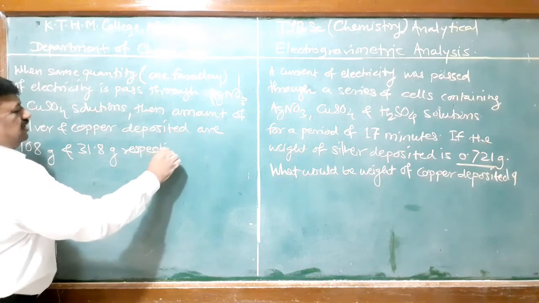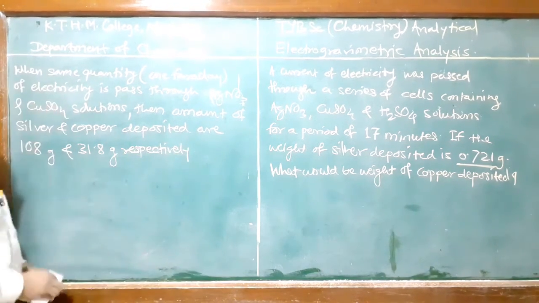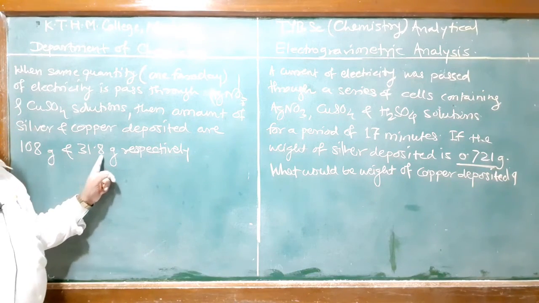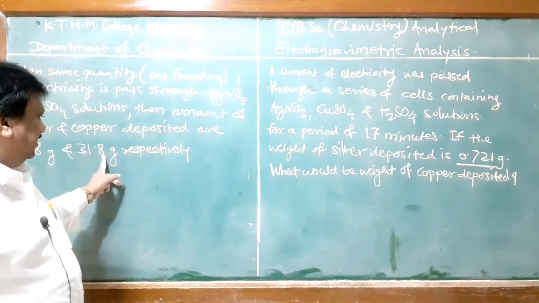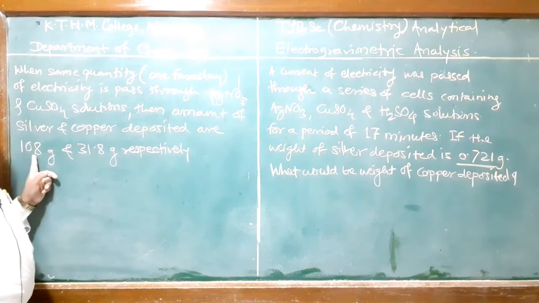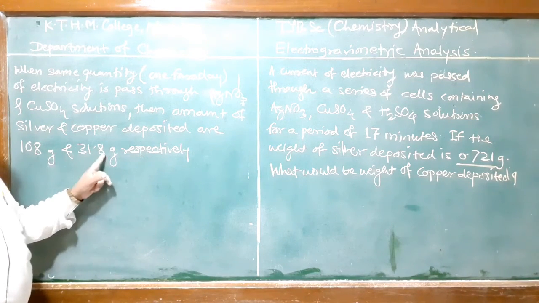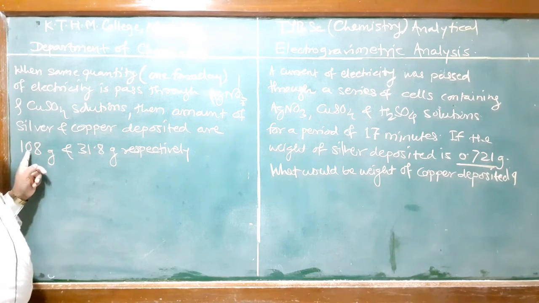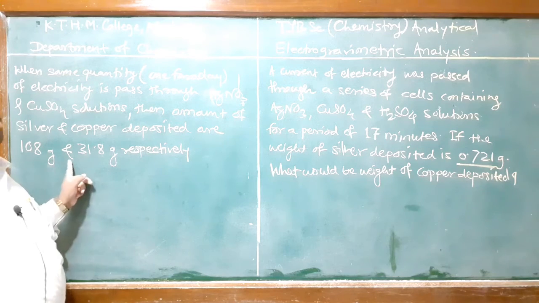That means for 1 Faraday, the amount of substance liberated is equal to their equivalent weight. Therefore, the amount of copper deposited is 31.8 gram and the amount of silver deposited is 108 gram.